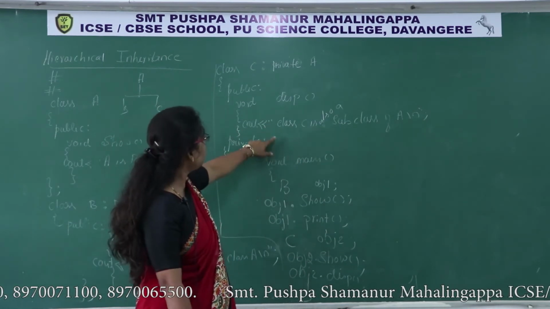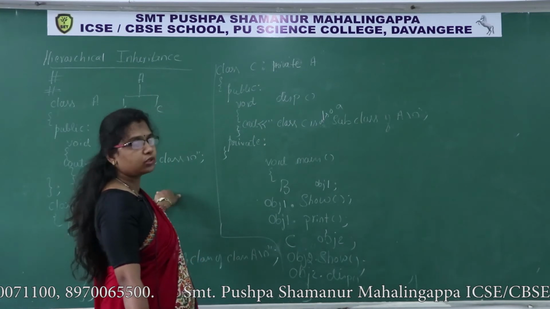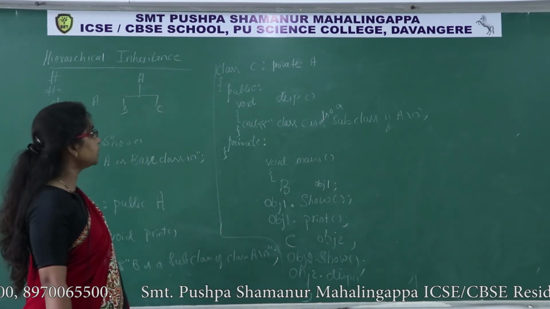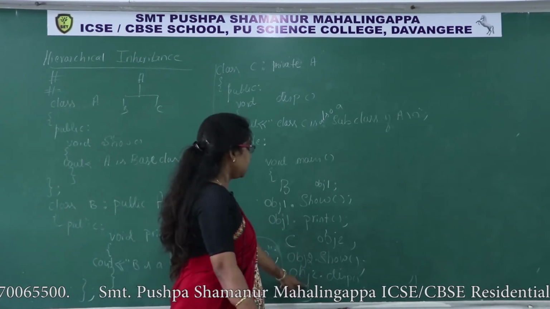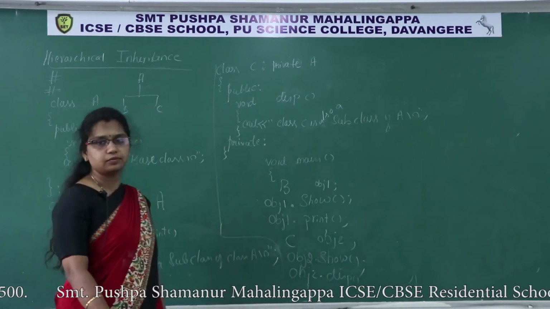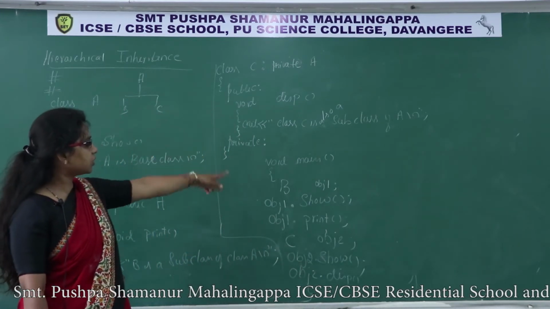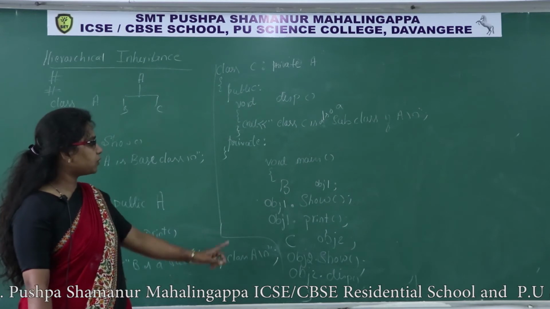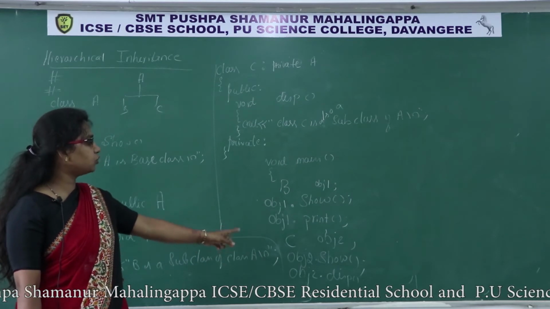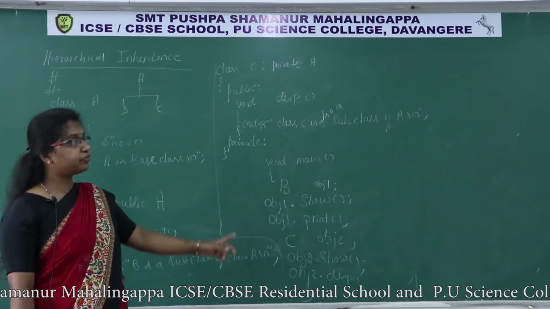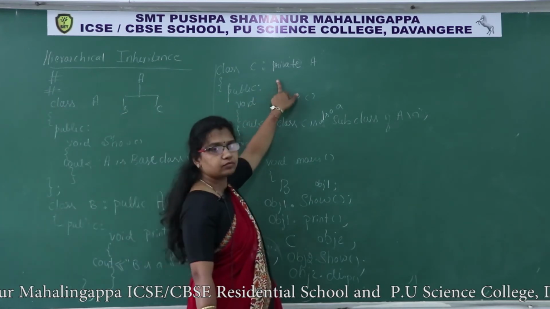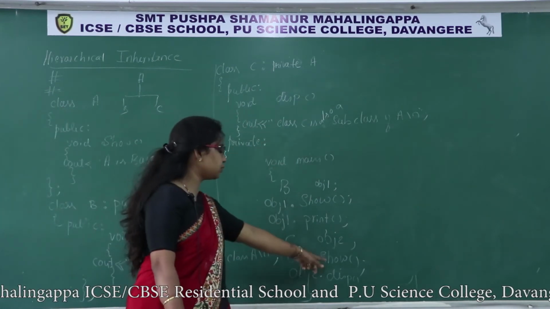Now, I want to access the show function. I want to call the show function using an object of class C. Is it possible to access it using the object of class C, obj2? Is it possible to call obj2 dot show now? Before, when I had taken public, it was possible.